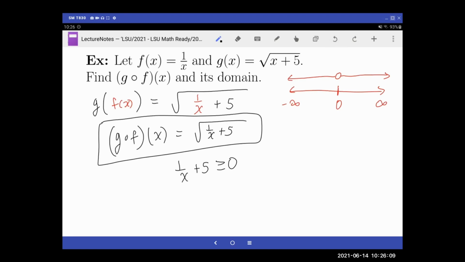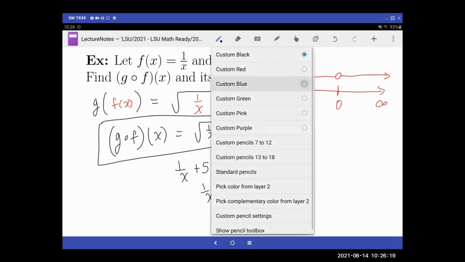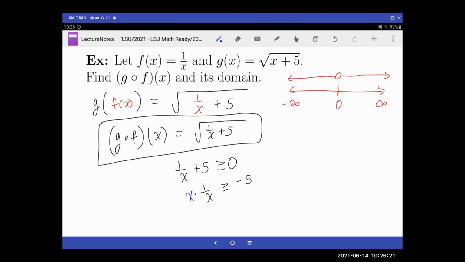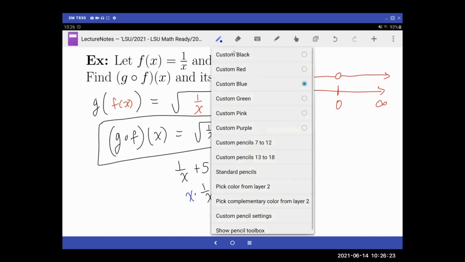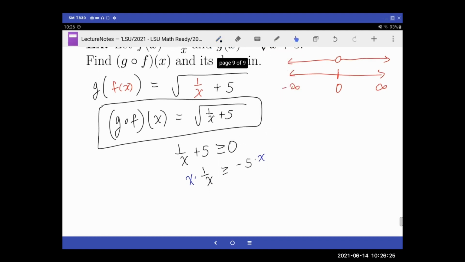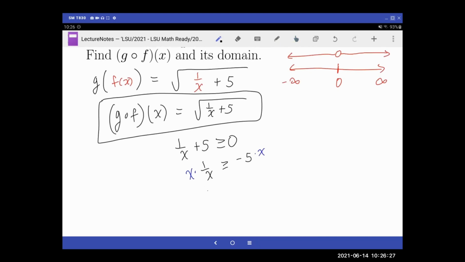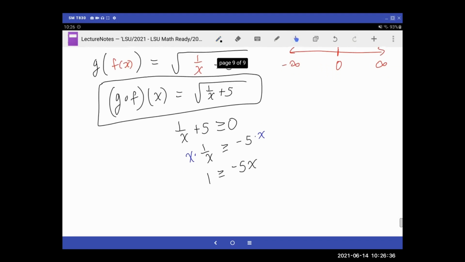Okay, so let's solve that. Subtract 5 from both sides. Let's multiply both sides by x. So we get 1 is greater than or equal to negative 5x. I'll just divide both sides by negative 5.